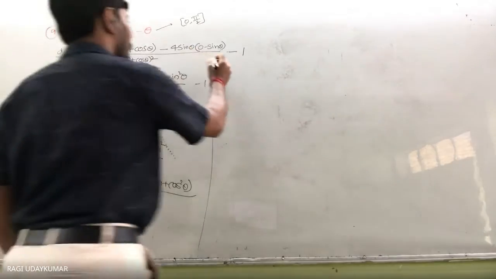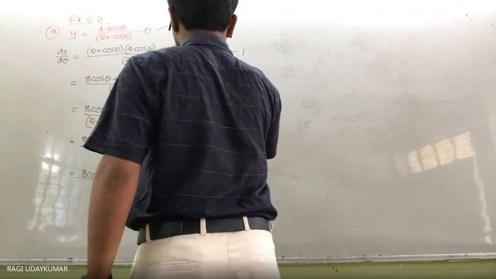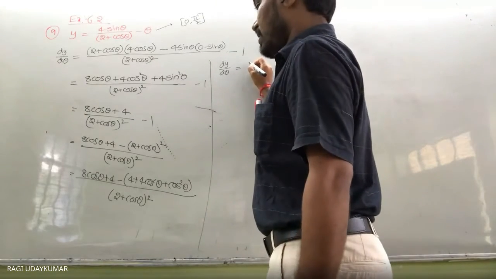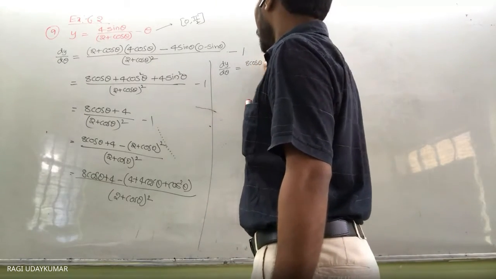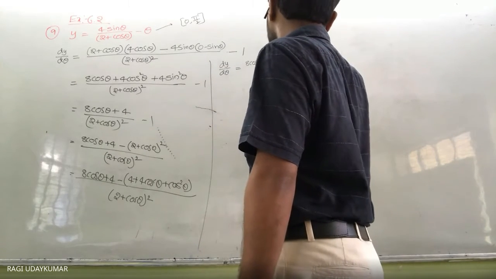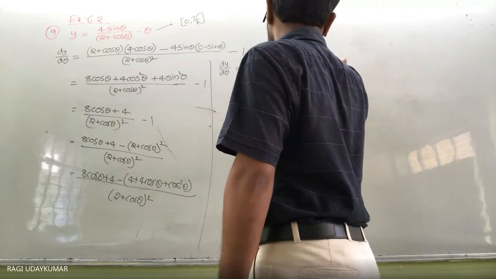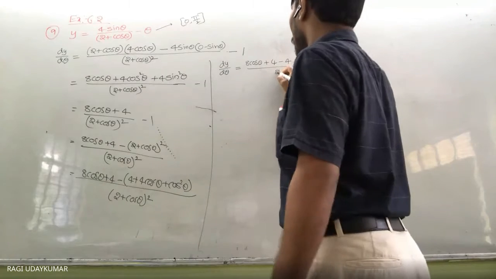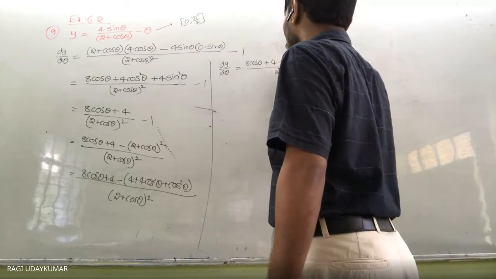So what do you get here? dy by dx, dy by d theta. Again, I am also saying it's 8 cos theta plus 4 minus 4 minus 4 cos theta minus cos square theta divided by (2 plus cos theta) whole square.